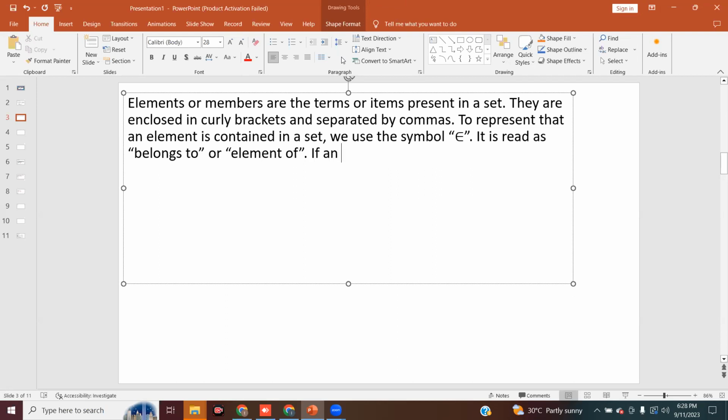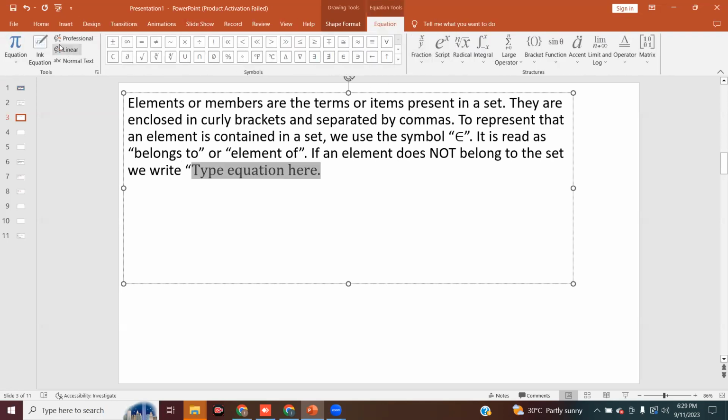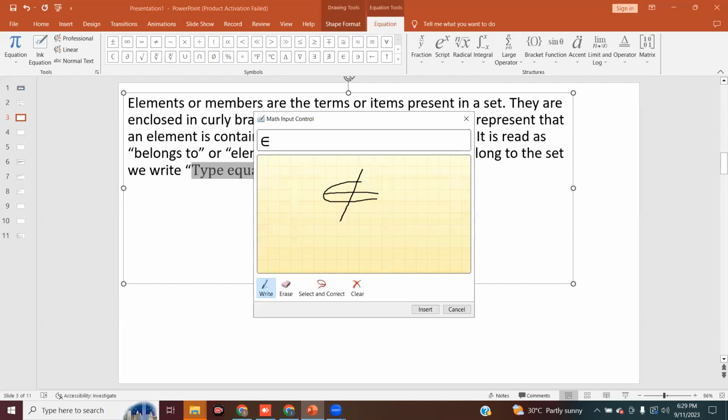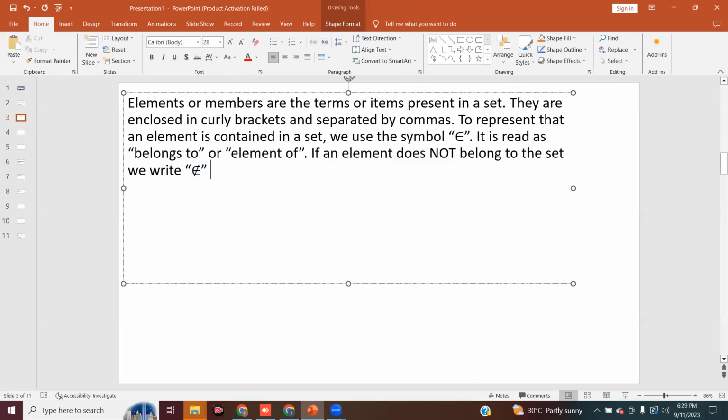If an element does not belong to the set, we write the symbol that means is not an element.